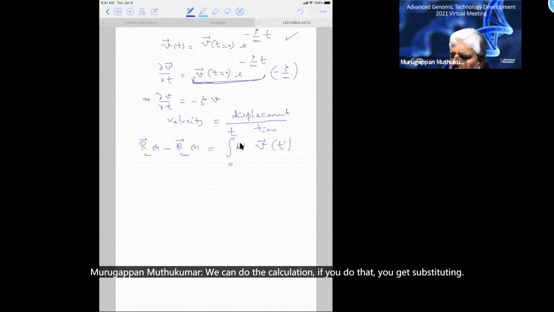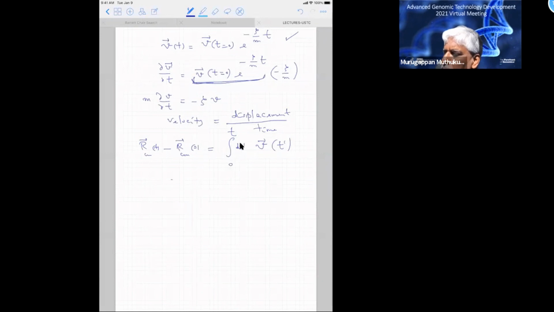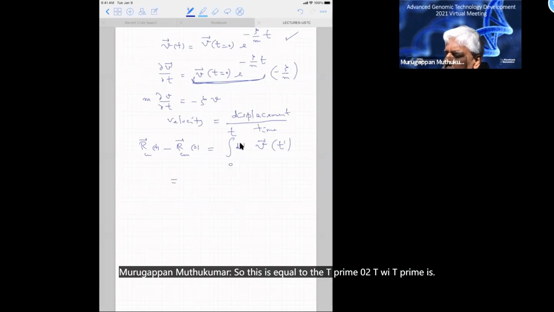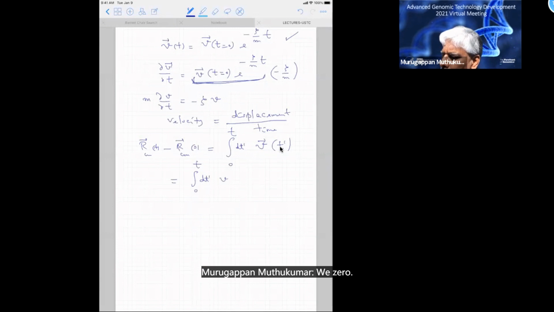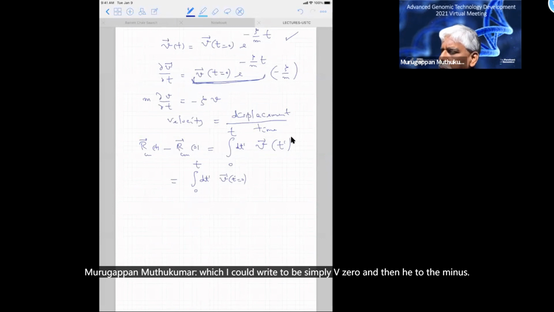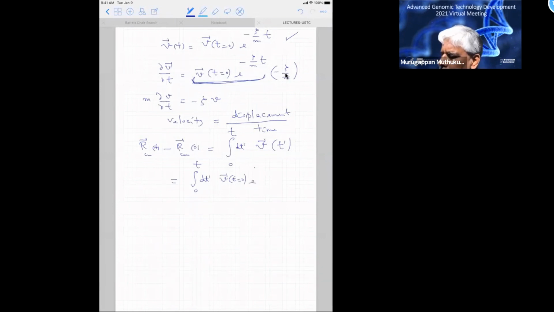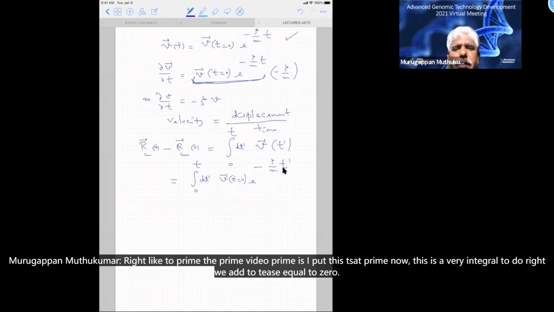Substituting, this is equal to the integral of dt prime from 0 to t, of v at t prime, which is v0 times e to the minus zeta over m t prime, right? That's t prime. I put t as t prime.